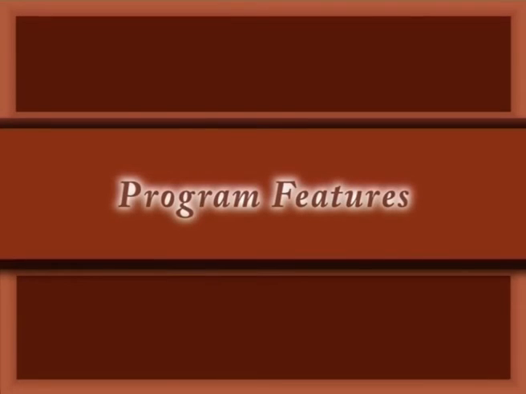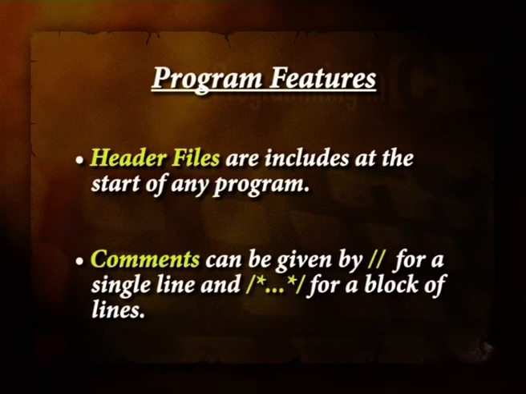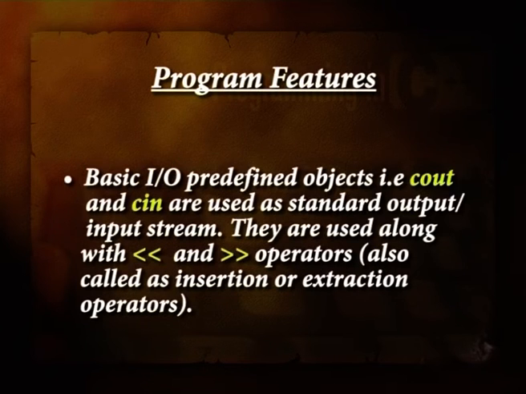Every C++ program has certain features, like program features. Header files are included at the start of any program. Comments can be given by double slash for a single line, and slash star ended by star slash for a block of lines. Basic input output predefined objects, that is cout and cin, are used as standard input output streams.